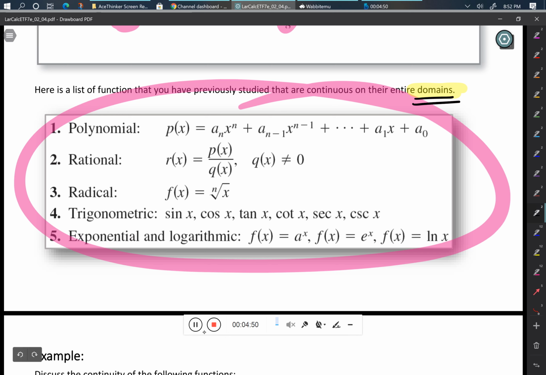Now that little piece there on the end is why you spent so much time in your college algebra class discussing what is the domain of this function? Because we need to know those domains so we can figure out where things are continuous, where they're discontinuous, so where can we do calculus on them.